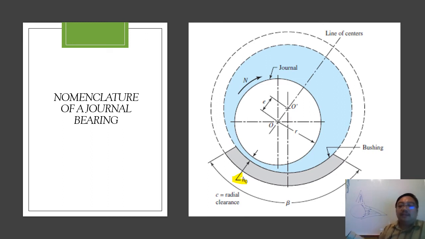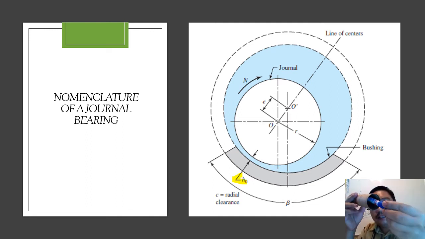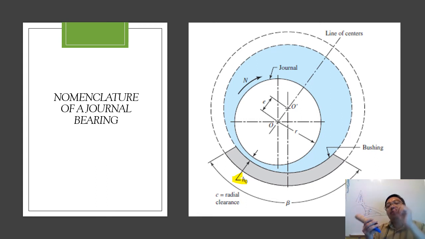You will see the h naught again when we are doing the comparison. h naught is the minimum film thickness, meaning imagine the hole is full of lubricant, whether it is oil or grease. And then when the journal is at the bottom of the base of the bushing with the lubricant inside it, there is a gap because of the lubricant.